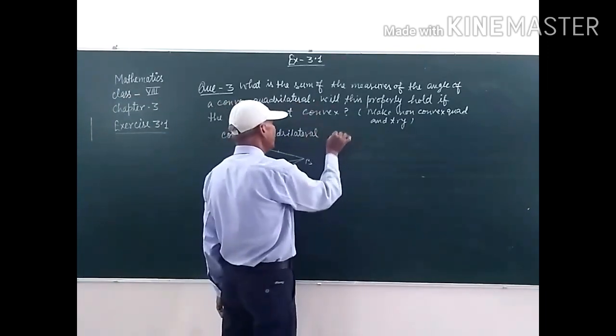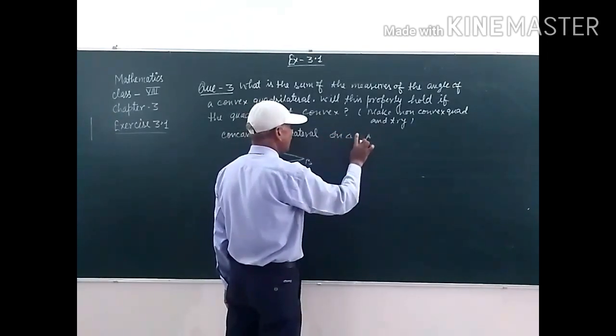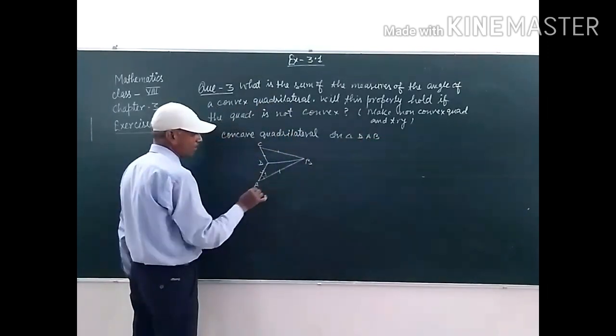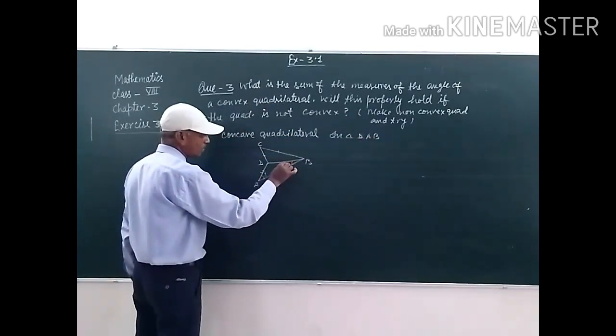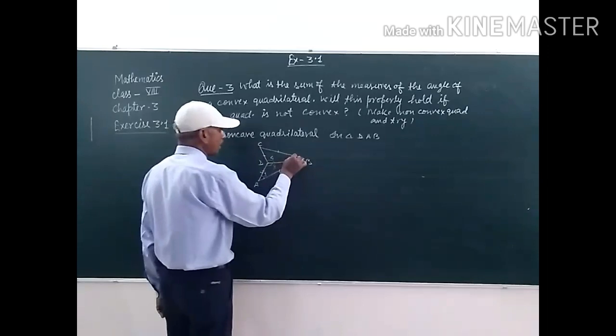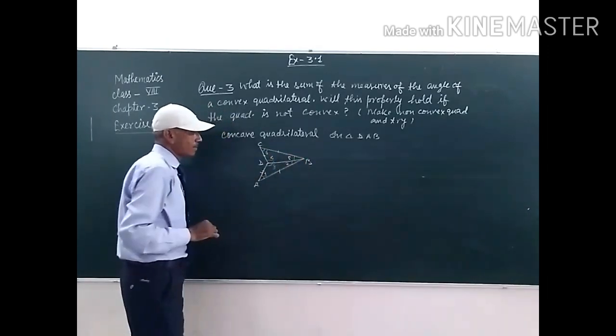So in triangle DAB, angle 1, this one angle 2, this one angle 3, this angle 4, angle 5 and angle 6.